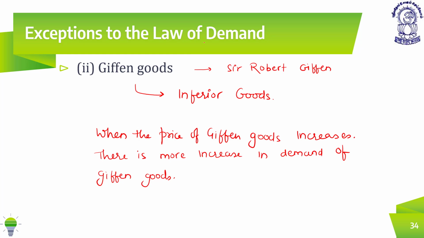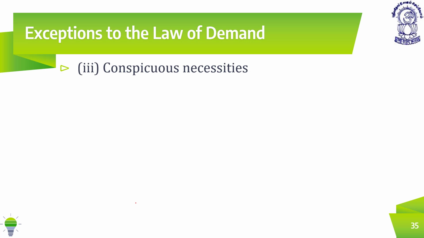But few new consumers will be added in this category, and because the new consumers will be added, the demand of the given good will increase. I believe you understood this point.